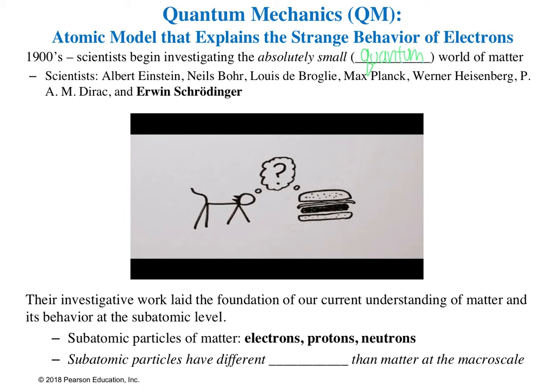So, starting to take our matter and get down into that atomic view and see what's going on. When they got down onto that subatomic level, they started to discover the properties of electrons, protons, and neutrons. And they also started to notice that particles have very different behavior when they get to the quantum level than they do on the micro scale.